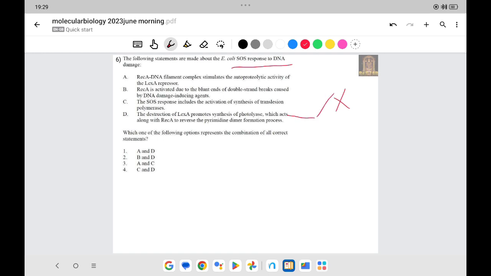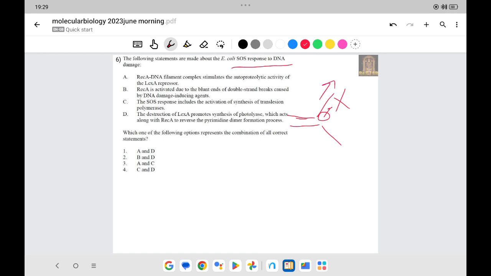Like if this is the DNA, this is the replication fork. If the DNA polymerase is going through and it encounters a pyrimidine dimer or certain kinds of lesions, it will detect it and stop the replication.